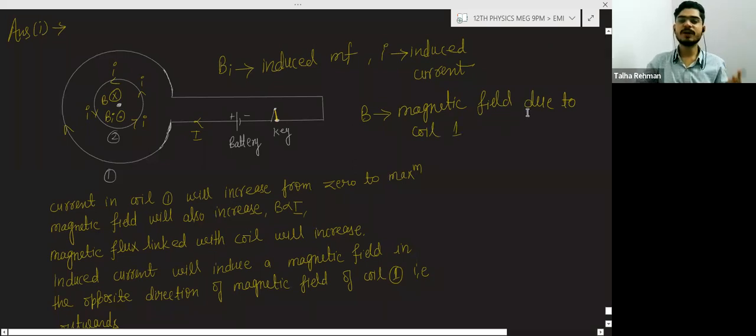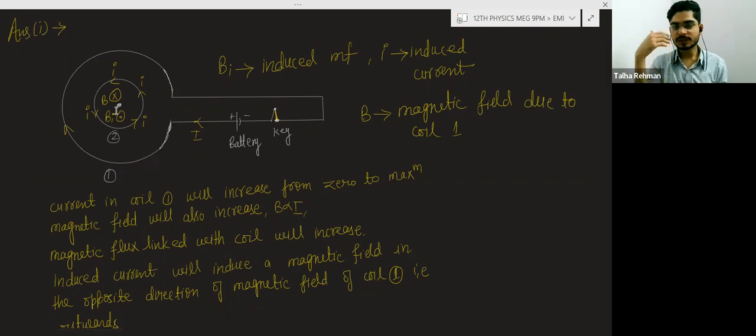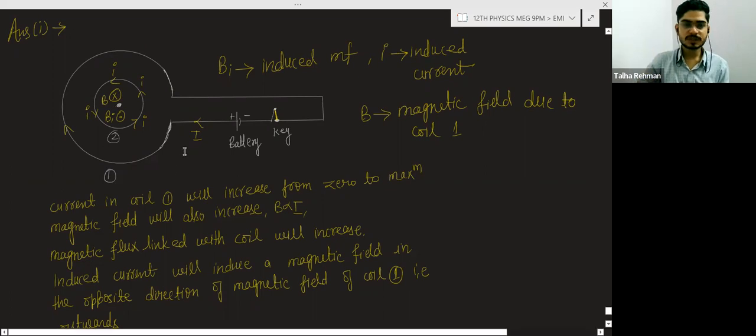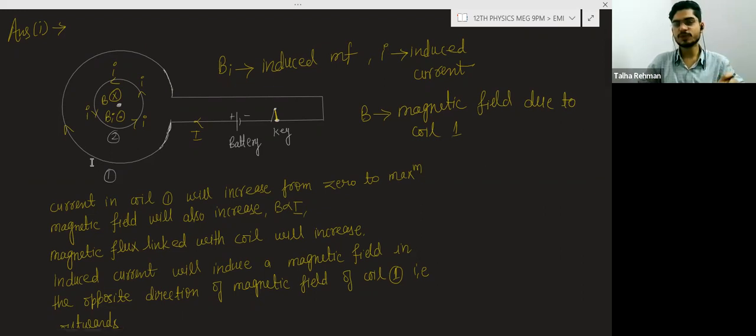If this magnetic field decreases, then the magnetic flux linked with the coil will decrease. So induced current will try to increase the magnetic field. And due to this coil number one, the magnetic field is in the inward direction. So induced magnetic field will also be in the inward direction.